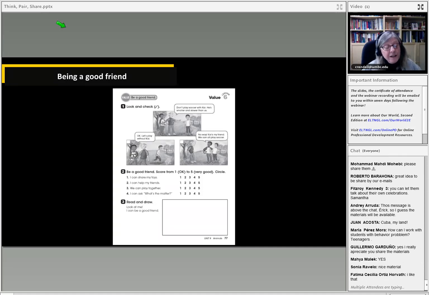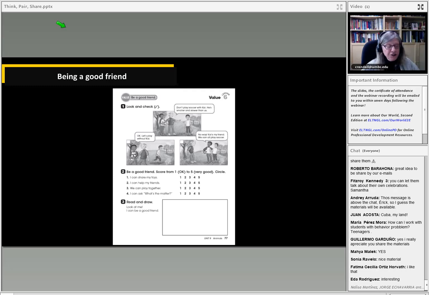But I also like here the personalization, where the child is asked to draw a picture of being a good friend. So what does it mean to that child to be a good friend? Now, can you think of a wonderful way that those could be collected and made into a class collage of how we are good friends? Again, this could be done out of class, shared either remotely or within the class when it's online.